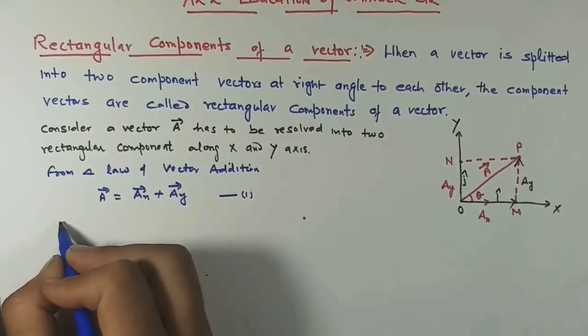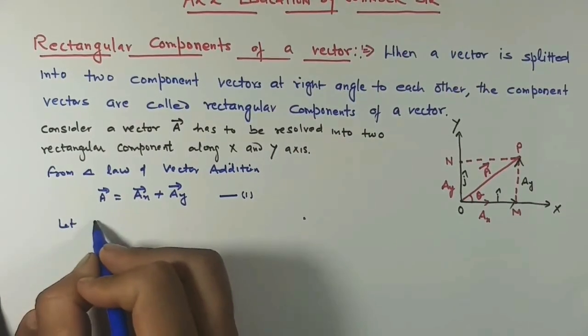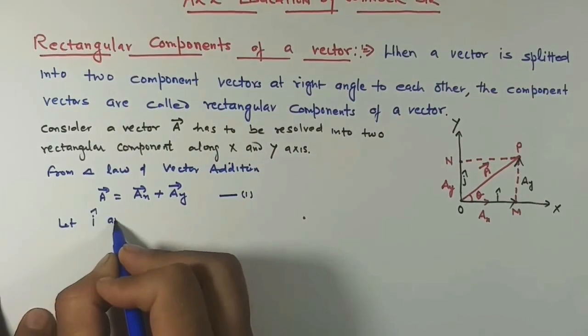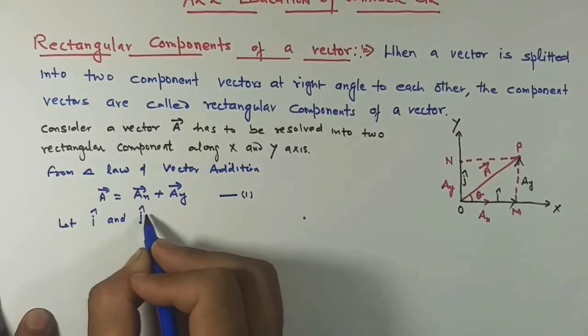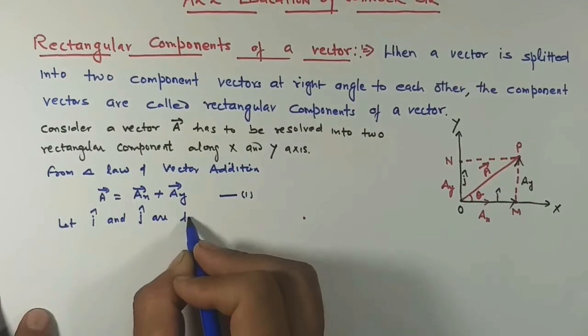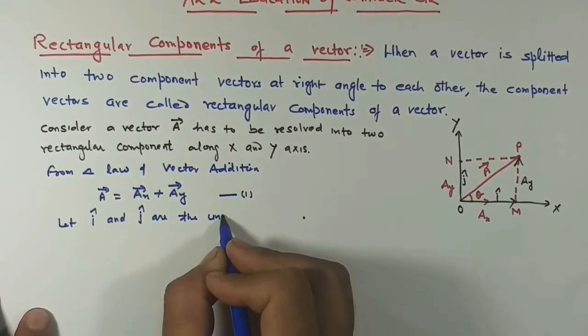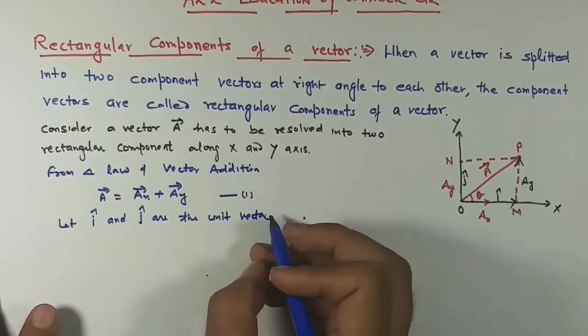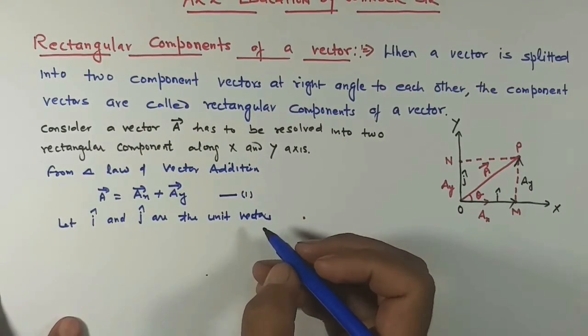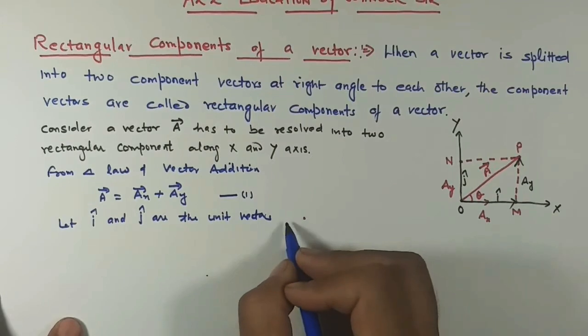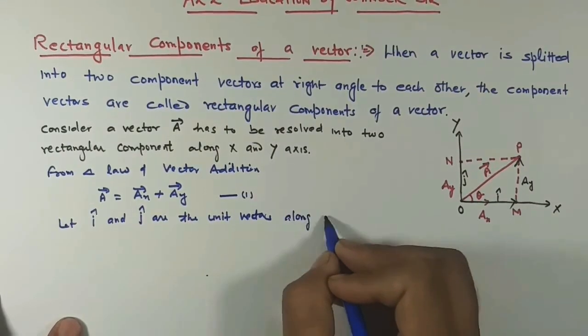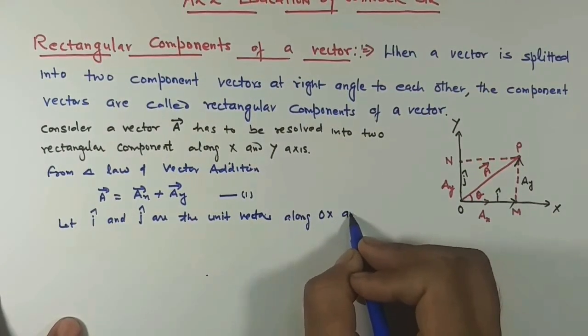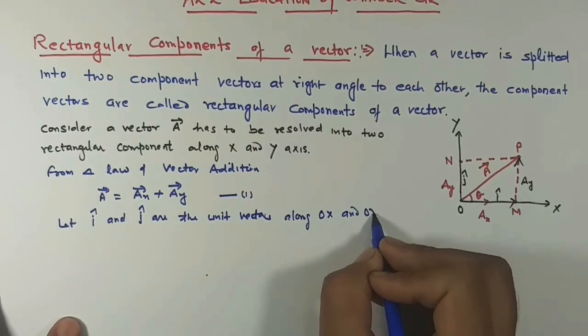Let I cap and J cap are the unit vectors along OX and OY.